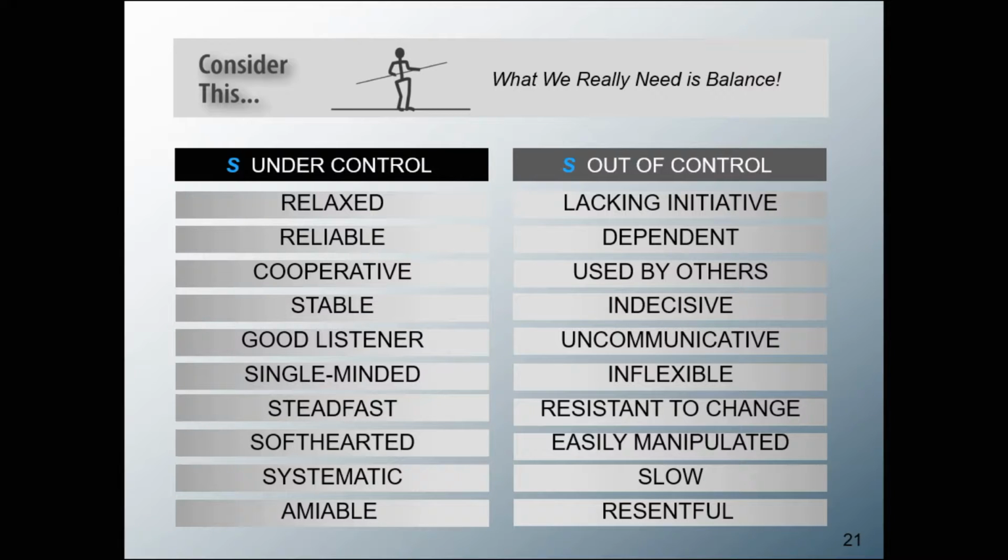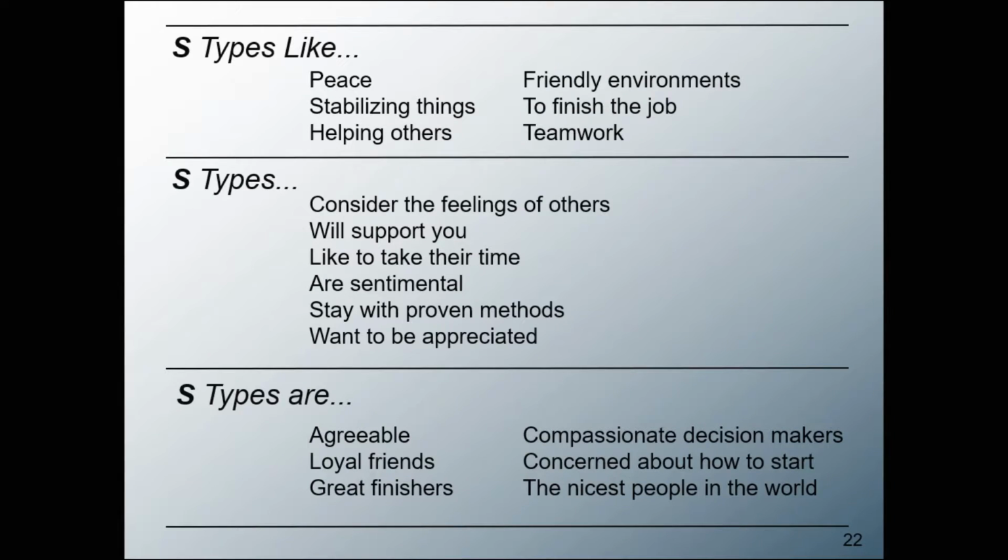S-type personality, they like peace. They like stability. They like teamwork. They like to finish the job. They like a friendly environment. They like to be liked by everybody, and they like to have fun with everybody and help everybody. They consider other people's feelings, and they want you to also consider their feelings.